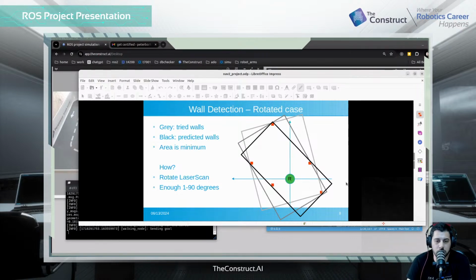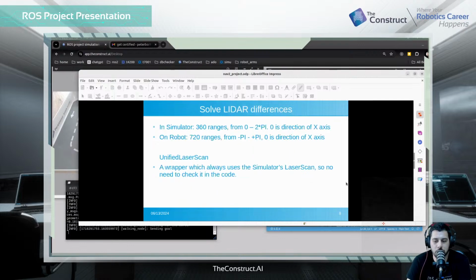In the simulator, the lidar is a bit different than in the real robot.